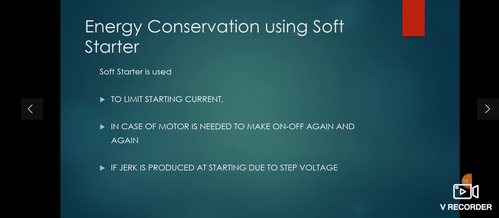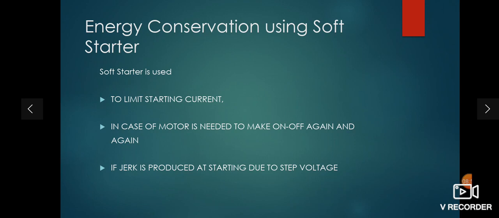Now energy conservation using the soft starter is another parameter to conserve energy. As we know, a starter is used to limit the starting current. In a three-phase induction motor there are various types of starters, but instead of using a mechanical starter, you can employ the soft starter.